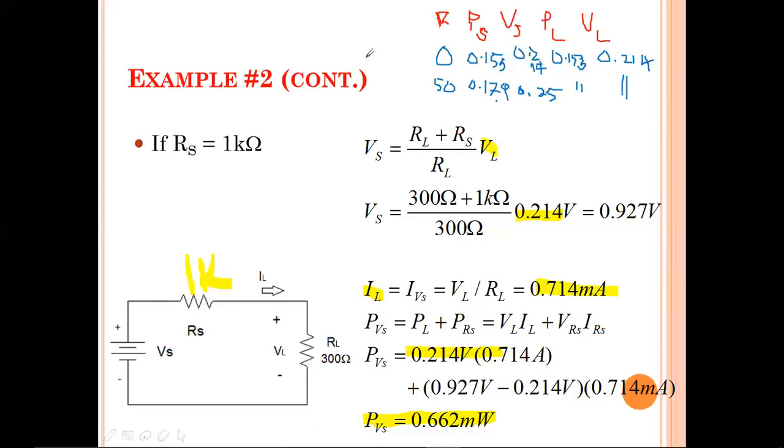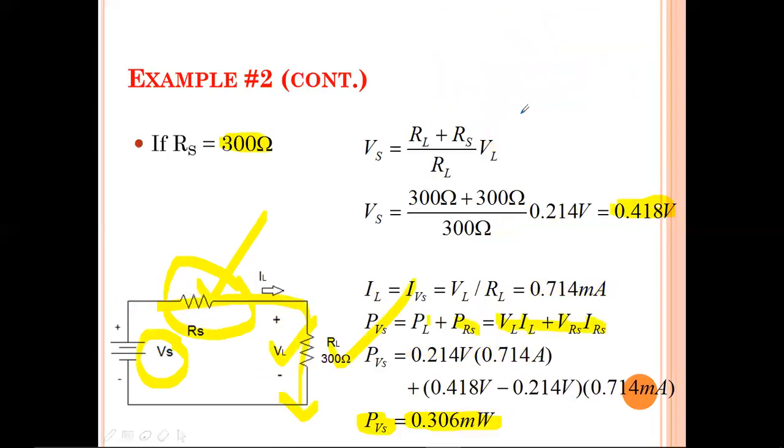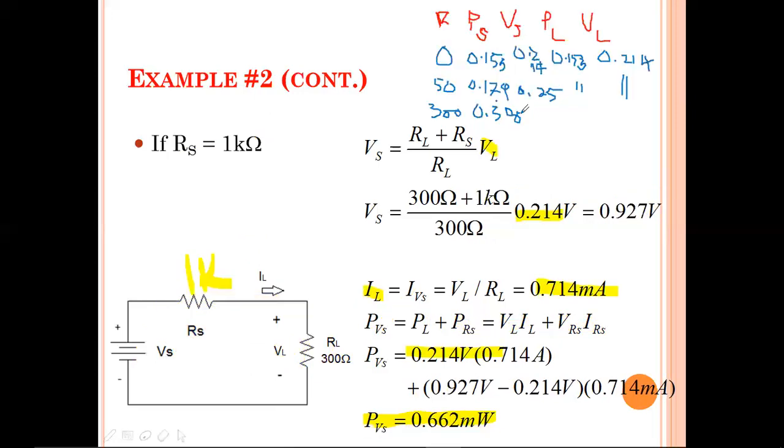Next, if I increase the resistance from 50 ohms to 300 ohms, what about my power? Power is doubled, 0.306. And what about the voltage? The voltage will also increase, 0.418.